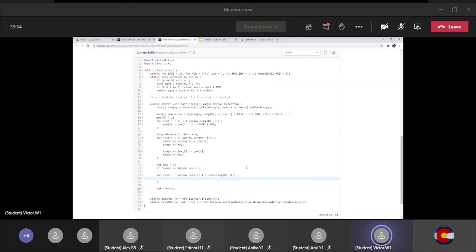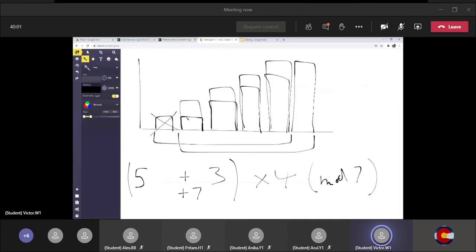And then for the remaining things, we need to shift the hash with rolling hash. So we're going to do the process that I talked about. We knock off this leftmost thing, which we know the exponent of is just base to the 0.